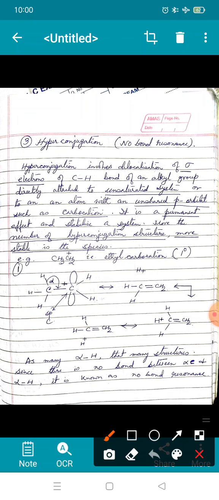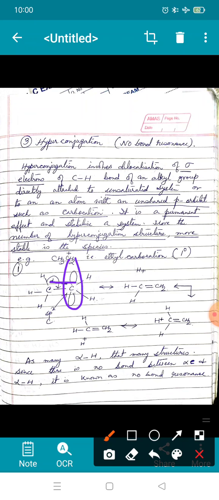So here, the bond between carbon and hydrogen is broken, and this electron pair, which was initially formed by the sharing of electrons between carbon and hydrogen, is now being pulled by this carbon, and it will come here. So the electrons will be shared not by carbon and hydrogen now, but between carbon and carbon.